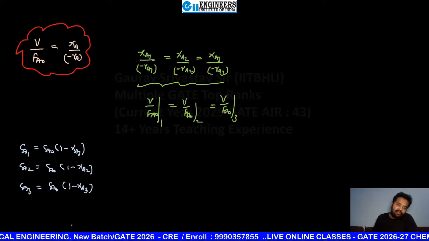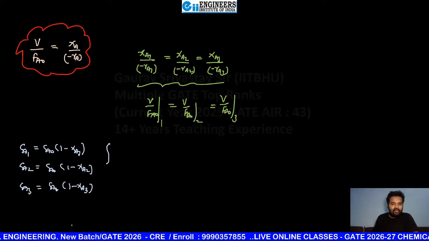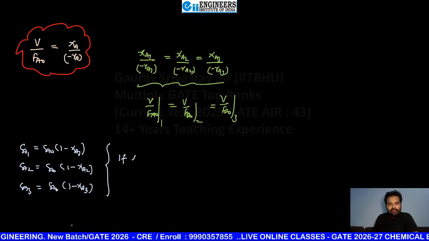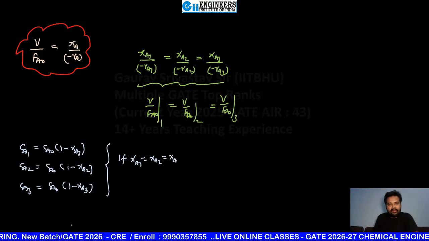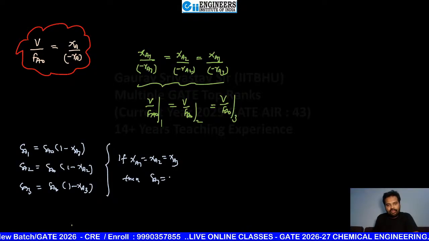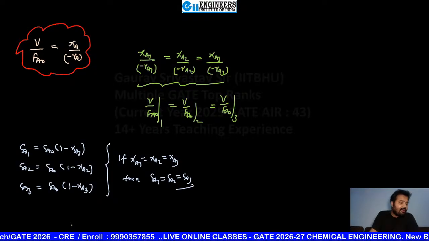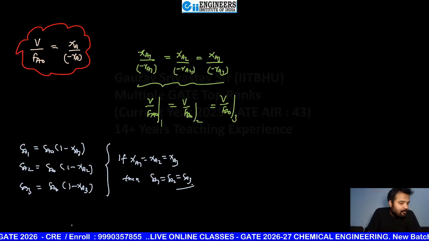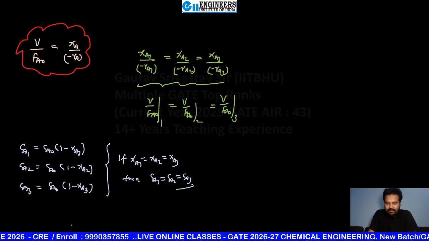So my dear students, if XA1, XA2, XA3 are the same, then 100% CA1 equals CA2 equals CA3. Is it clear? Tell me quickly. Meena, is it crystal clear? Got it. Fantastic, super.